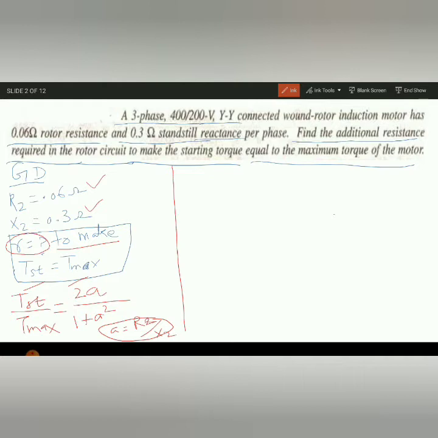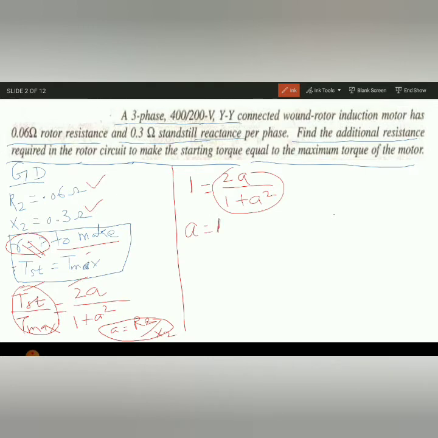Now what is the condition when we have to find this external resistance? We have to find it when Tst is equal to Tmax. If Tst and Tmax are equal, this ratio becomes 1. So 1 equals 2a divided by 1 plus a square. If the whole term is equal to 1, the value of a should obviously be equal to 1.